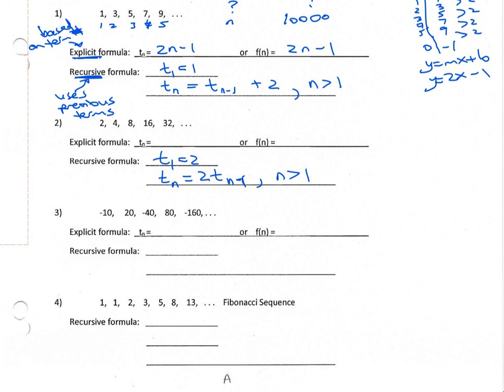Okay, take a moment and think about the explicit formula, some relationship between the term number 1, 2, 3, 4, 5, and the term. So pause the video here.